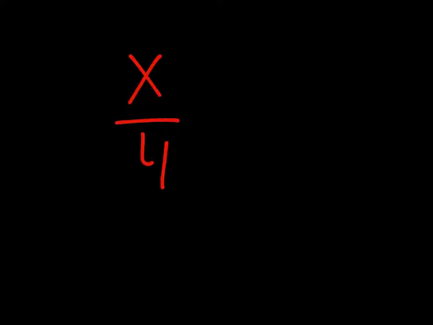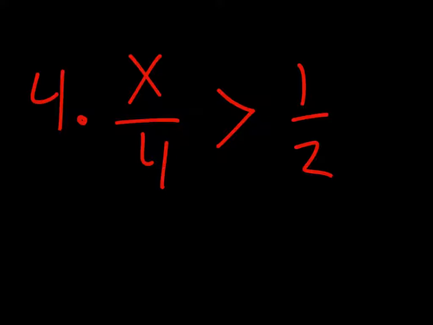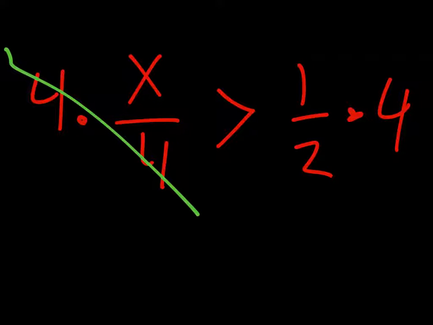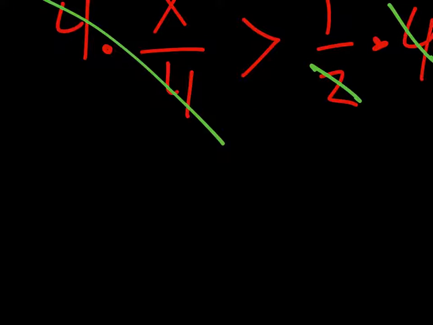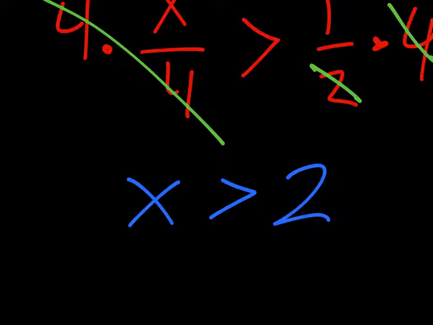X over 4 is greater than 1 over 2. First step, we multiply 4 onto this side as well as this side. The 4 over here is going to cancel. And over here, the 4 will cancel with the 2, simplifying to become a 2. And then x is greater than 2. Okay? Another one.